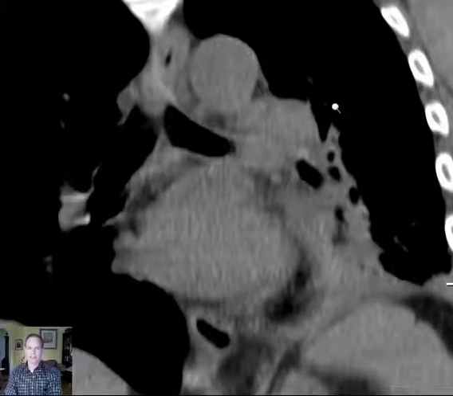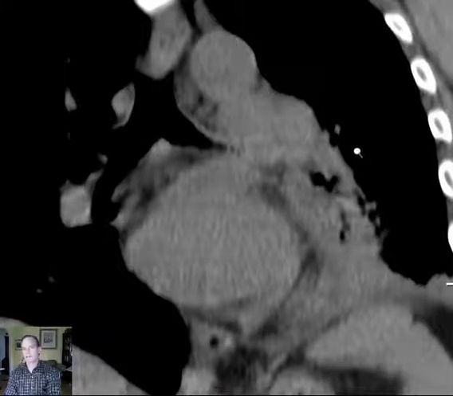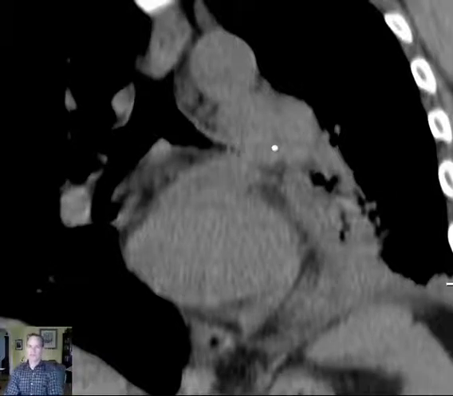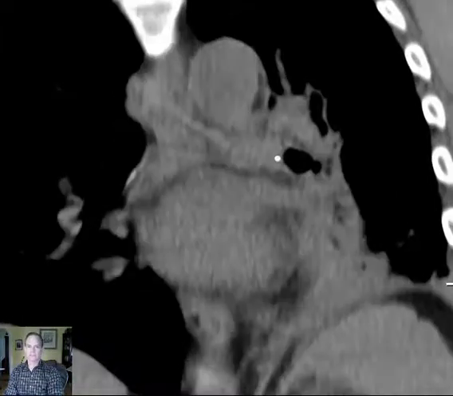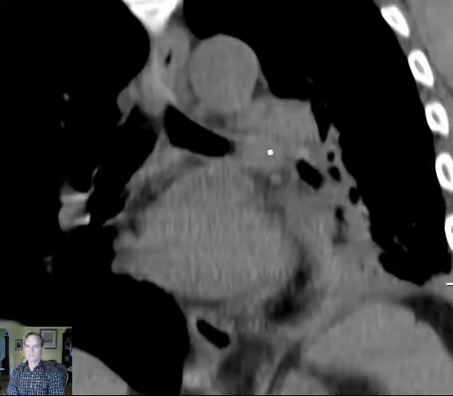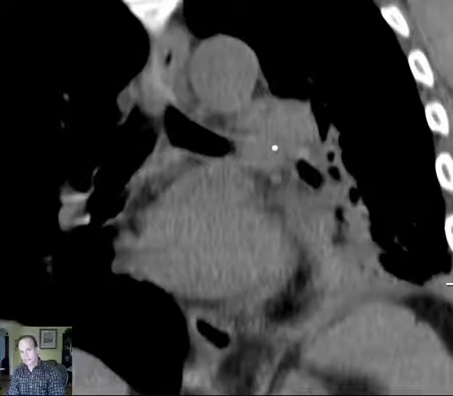And in this case, what are we seeing? We're seeing a mass filling that area in. What is it producing? It's narrowing this left main stem bronchus, but even where it's not as narrowed, you can see it's filled with some type of material.